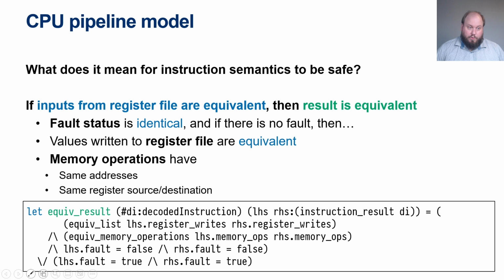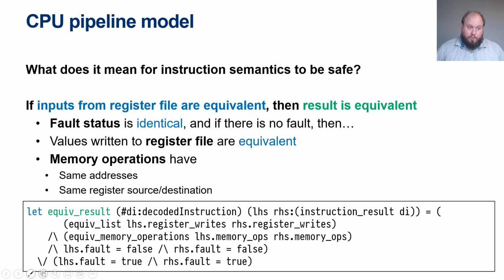So there can't be any different values being written in the clear to the register file as a result of different blinded values. And memory operations have to be indistinguishable in the sense that they have the same addresses, because if you have a memory operation with an address that depends on a sensitive value, then you can get some information about this sensitive value using cache timing side channels.